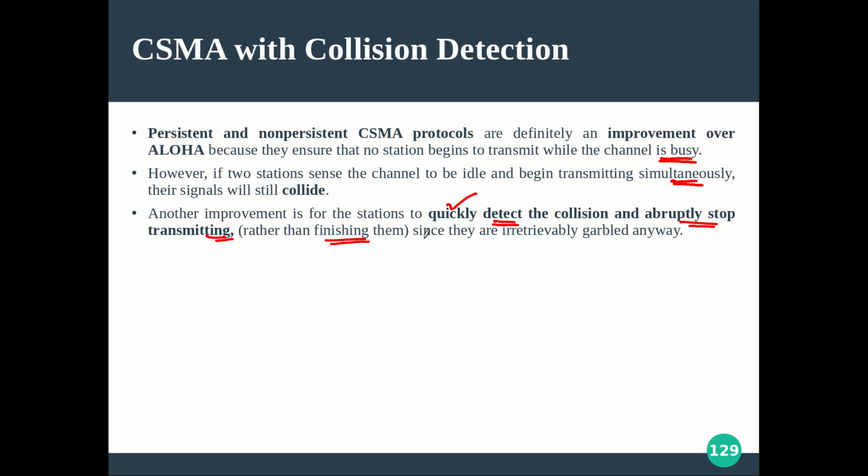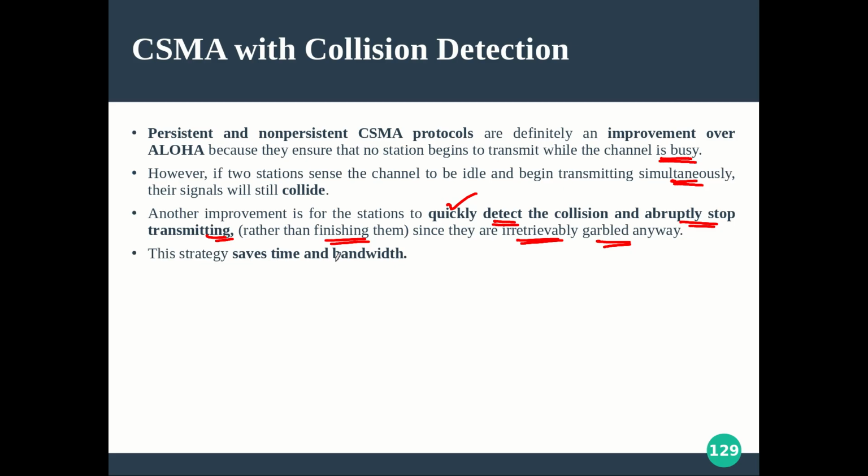Instead, if you can detect the collision at an early stage and abruptly stop, it will be better, since the data is anyway irretrievably garbled. Without sending the remaining part of the data, you abruptly stop the communication.